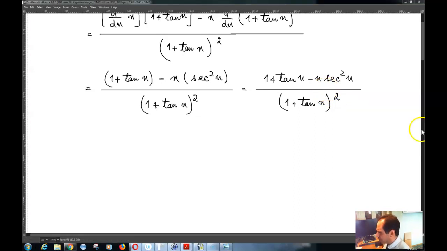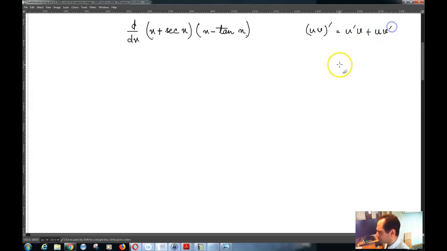Number 29, you have d by dx of x plus secant x times x minus tan x. So u times v whole prime is equal to u prime times v plus u v prime.